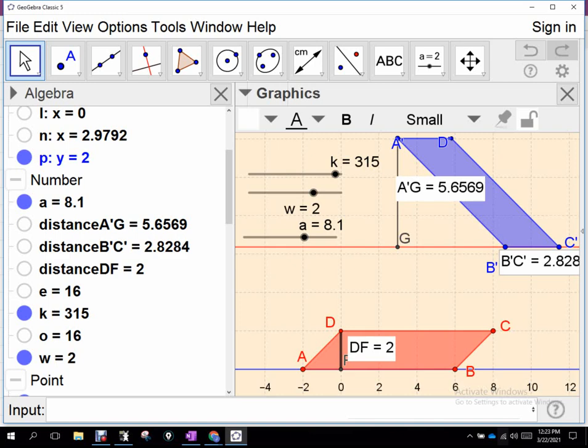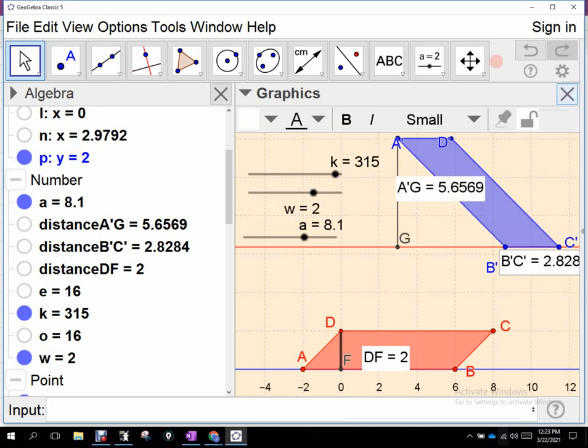In several problems, what they will do is say, okay, you've got this area to be 16, and I'm telling you that this segment here is 2.828. Can you find the length of this altitude?